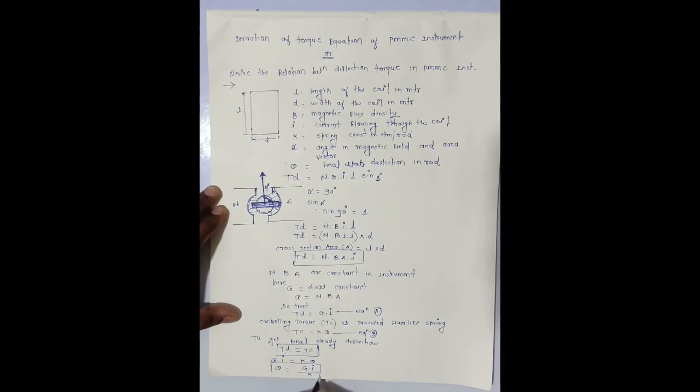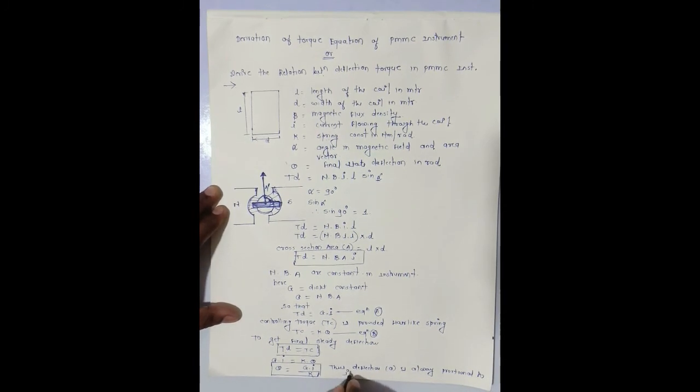From this equation, we can say the final steady deflection, that is theta, is directly proportional to the current flowing through the coil.